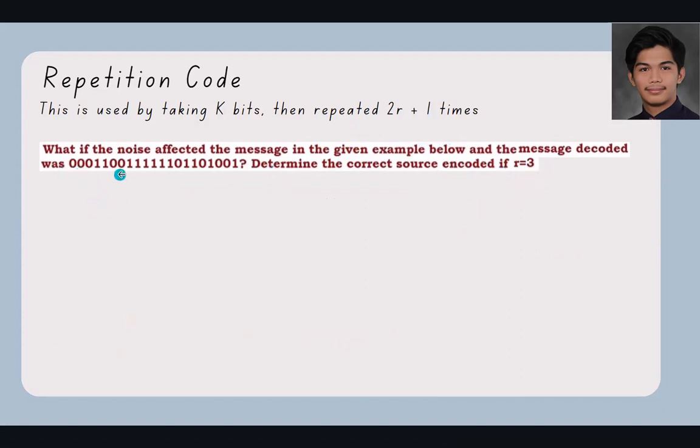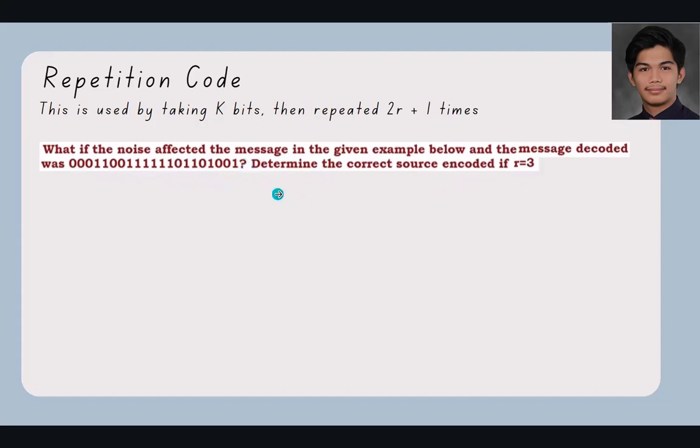So what if noise affected the message in the given example below and the decoded message was 011 111 101 101 001? Determine the correct source encoded message if r is equal to 3. In the first two given examples, we were told to encode the source word.